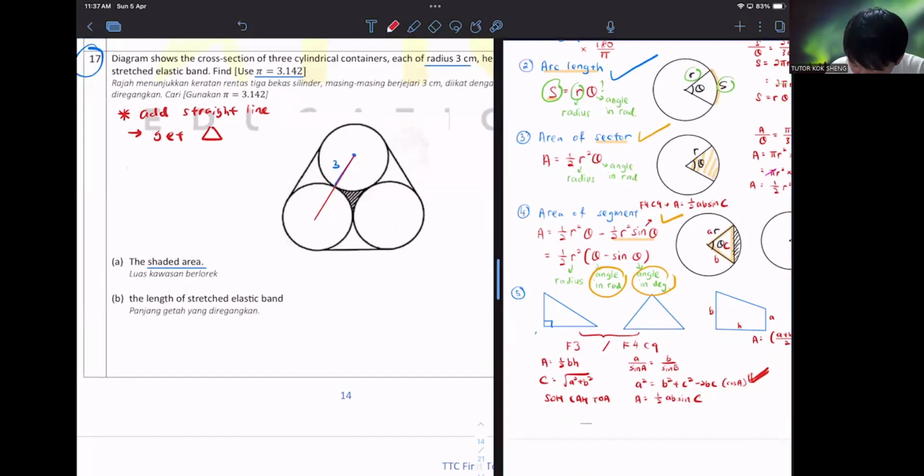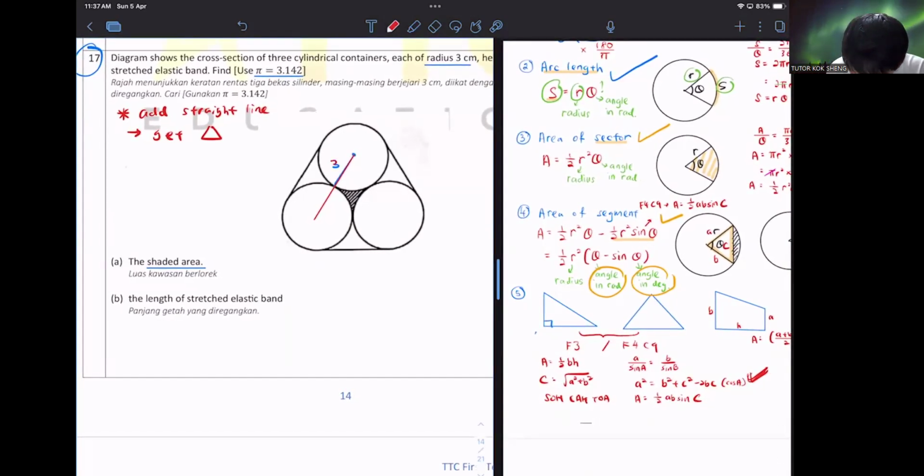Here's a three, here's a three, in total six. Another one I join to the other circle. Radius same also three, three, six again. Hey, wait, I drew too long already. Why the line? Wait, I draw again.